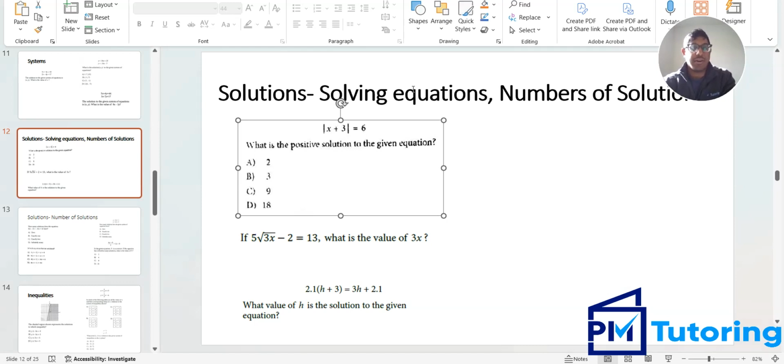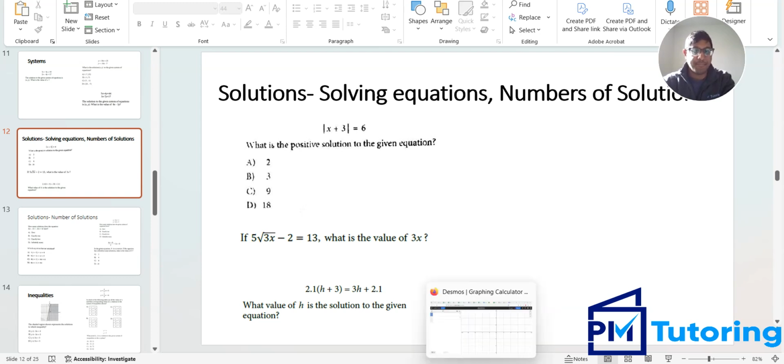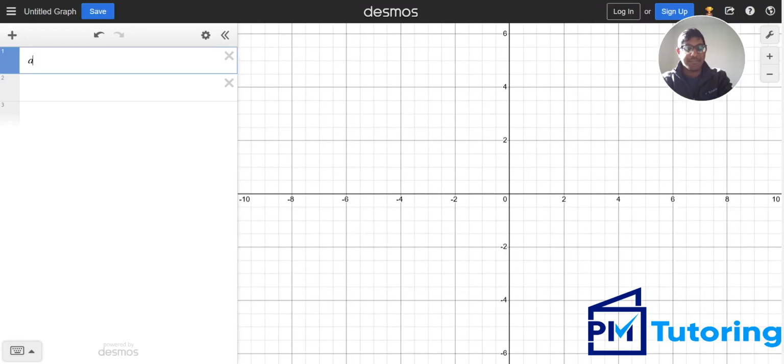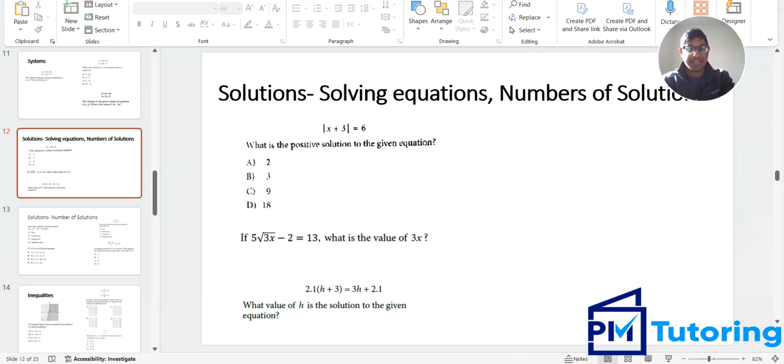So we can solve equations if we're being asked for the direct solution. What is the positive solution to the given equation? So we could think of this as the intersection between the graph of y equals the absolute value of x plus 3, and the graph y equals 6. For absolute value, we could just type in ABS, and then that would be x plus 3.